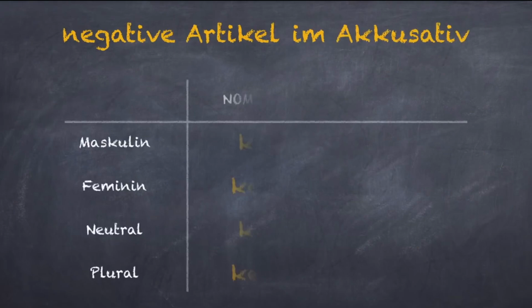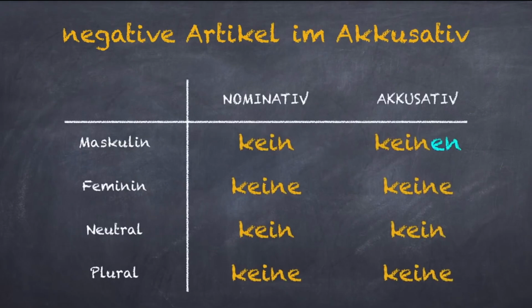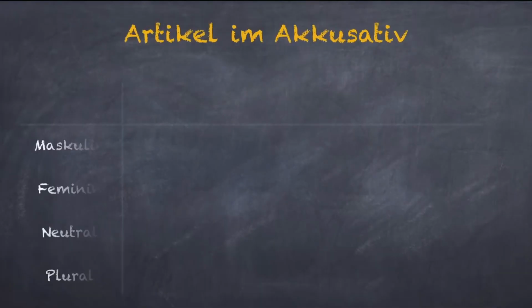Now let's once again look at the table to compare the nominative and the accusative articles. As mentioned before, only the masculine accusative object changes. In this case, kein would change to keinen. Great!